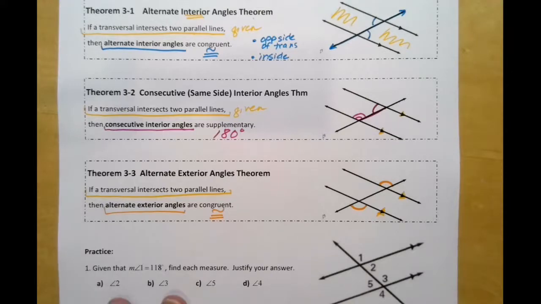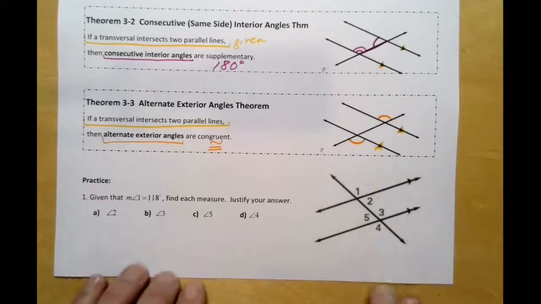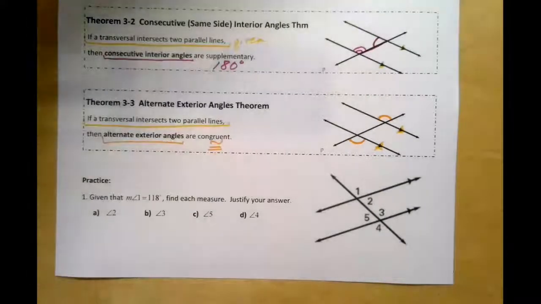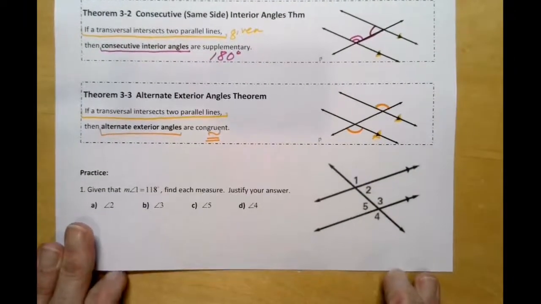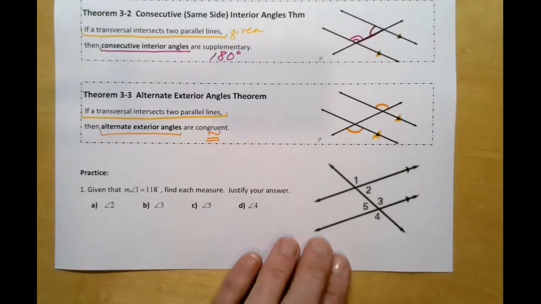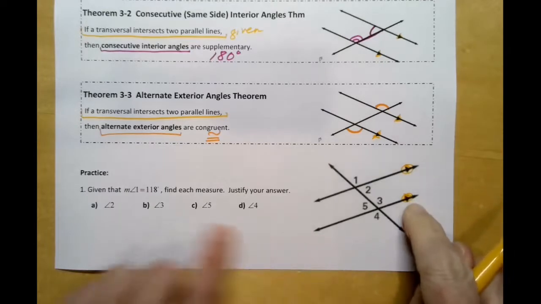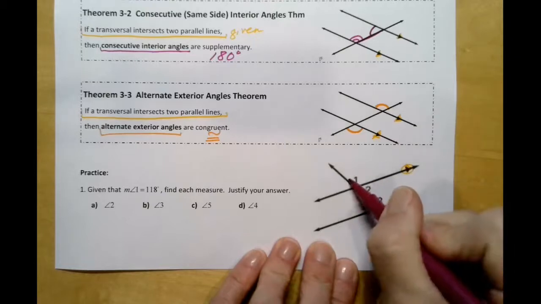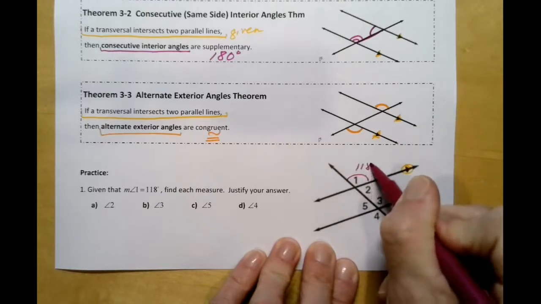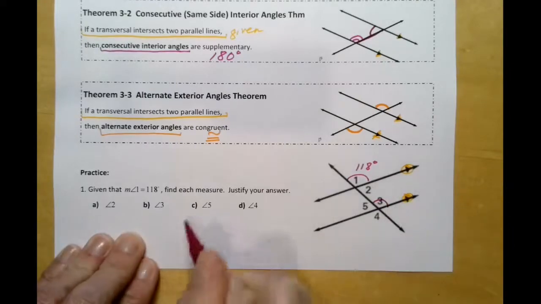All right, so what happens next, and we didn't get a chance to go through this, but let's talk about it now. Given that the measure of angle 1 is equal to something, guess what? We can find the measure of every other angle if we see these lines, these little triangles. So because the lines are parallel, now I can make all these statements. If I know that the measure of angle 1 is 118 degrees, so is the corresponding angle, angle 3.